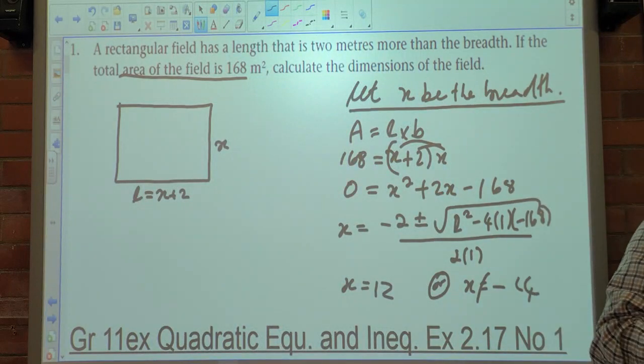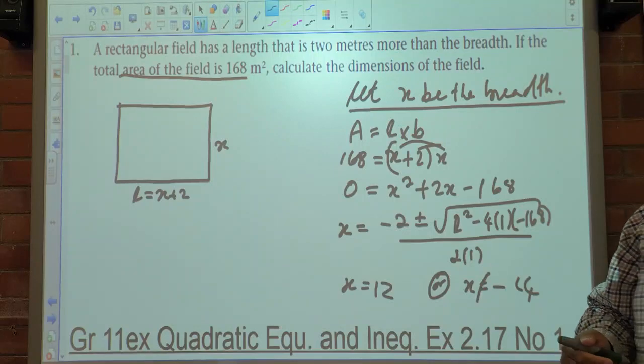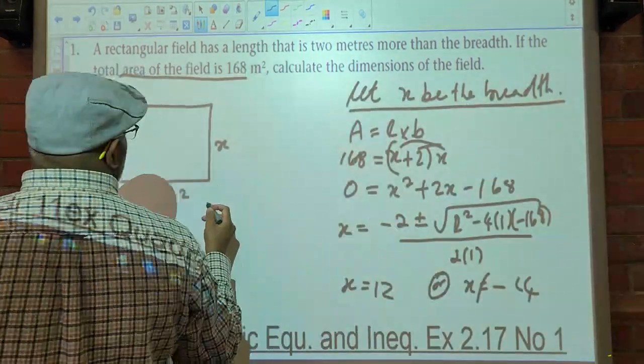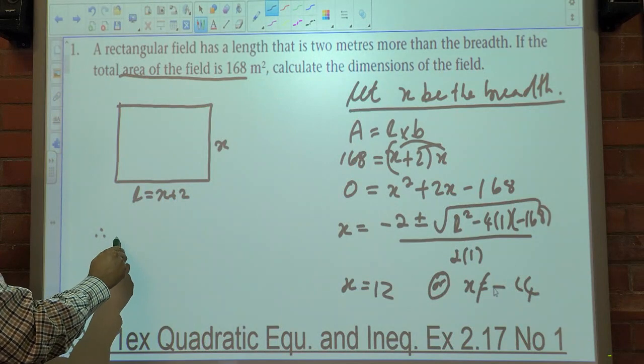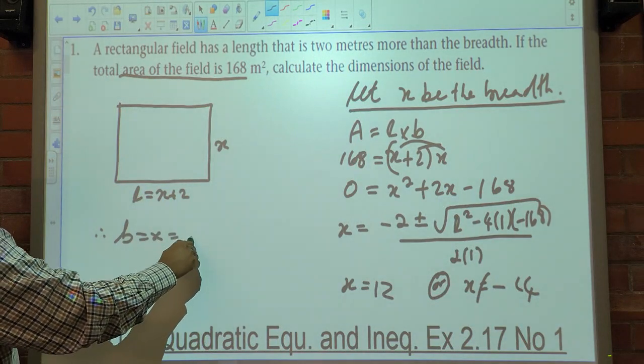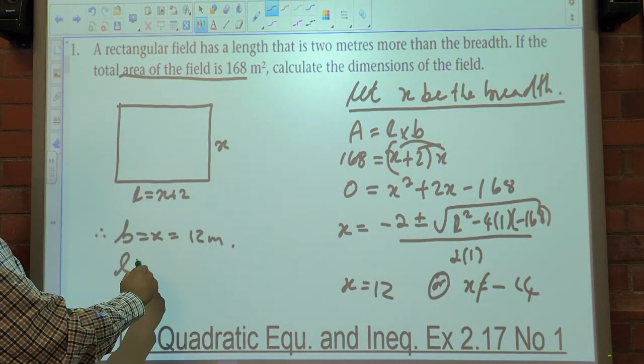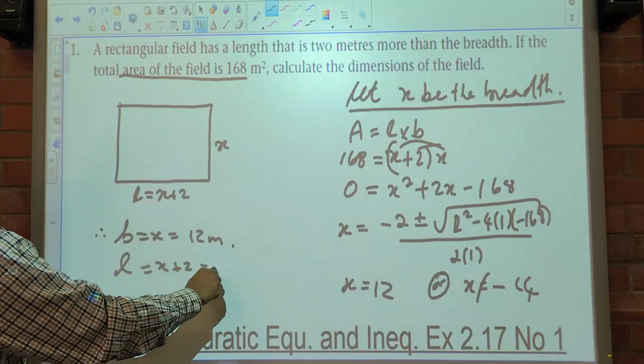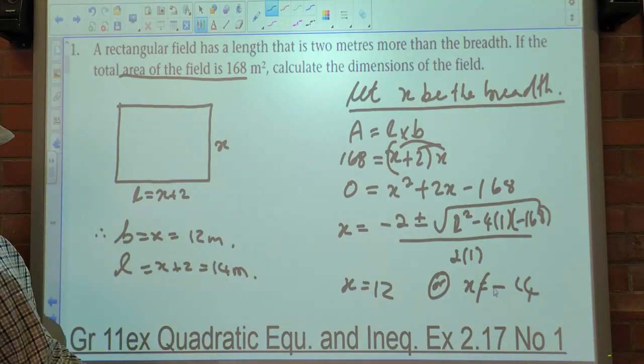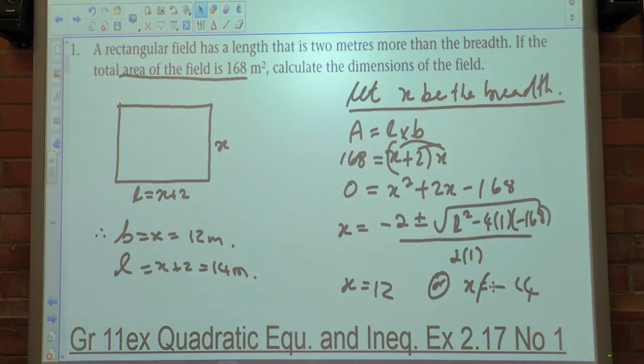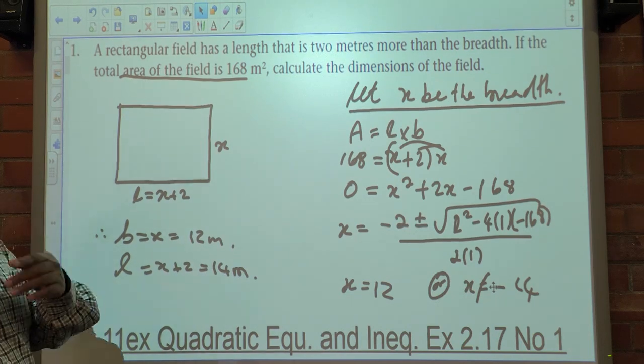So the dimensions are the lengths and breadths, in terms of units there. So therefore your breadth, which is x, is 12 meters, whilst the length, which is x plus 2, is going to be 14. Alright, that was fairly simple. No? Let's look at number 2.